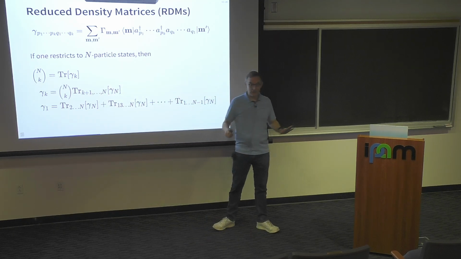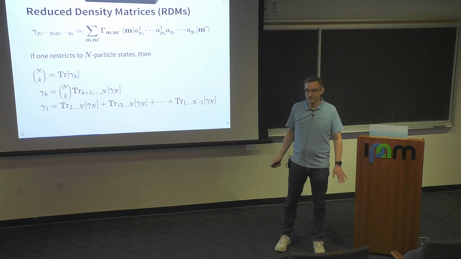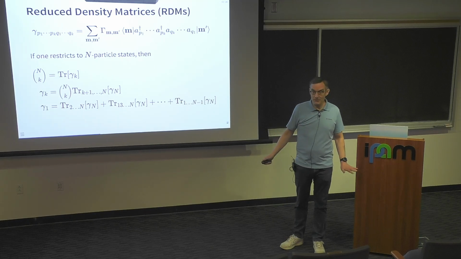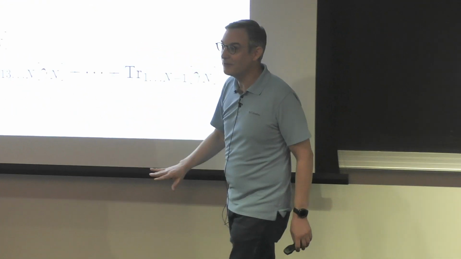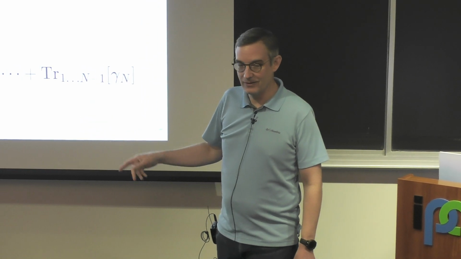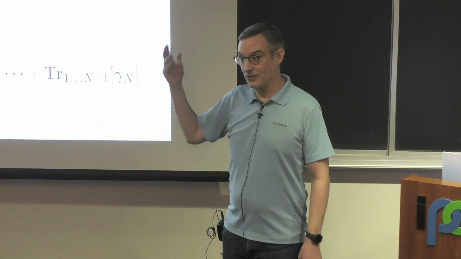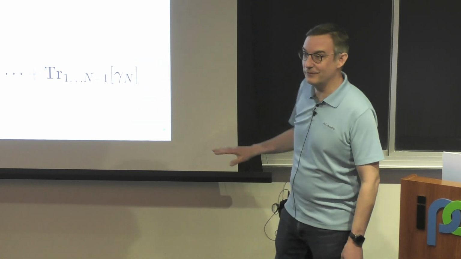There are different normalization conventions. The math people here are all using this normalized to 1, which is fine, right? Eugene used this without the k factorial in the denominator, basically, so just the distinguishable particles. That's also fine. Doesn't matter, just know what you're doing, right?